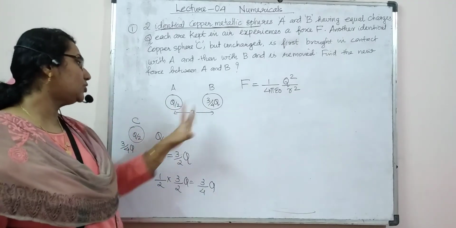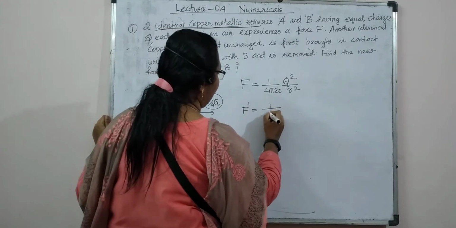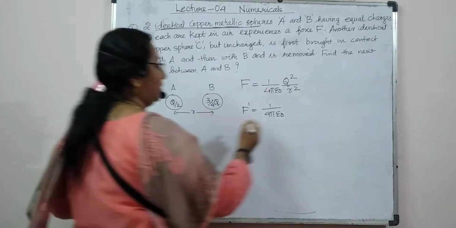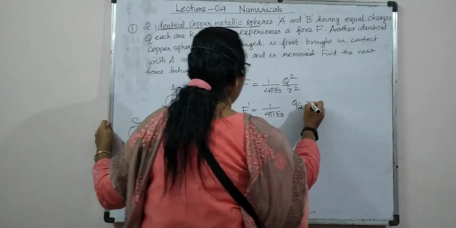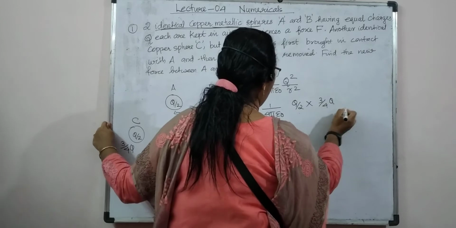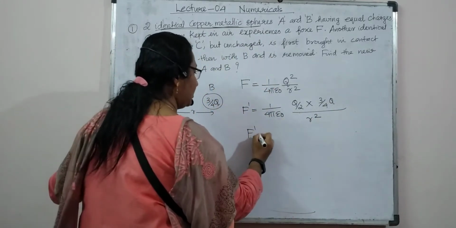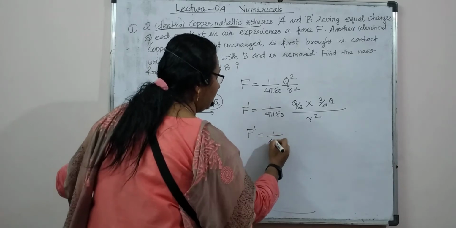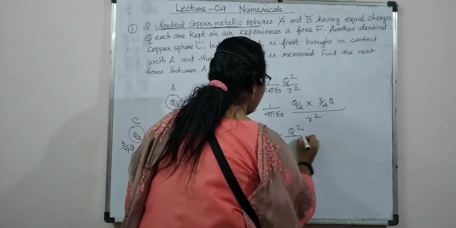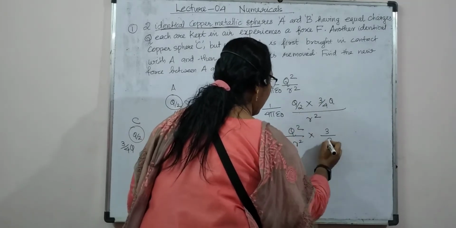Okay. So the new force F dash becomes 1 by 4 pi epsilon 0. What is the new charge in A? Q by 2. What is the new charge in B? 3 by 4 Q, by the same distance R square. On solving, F dash is equal to 1 by 4 pi epsilon 0, Q square by R square, into 3 by 8, since 3 by 2 into 4 is 8.